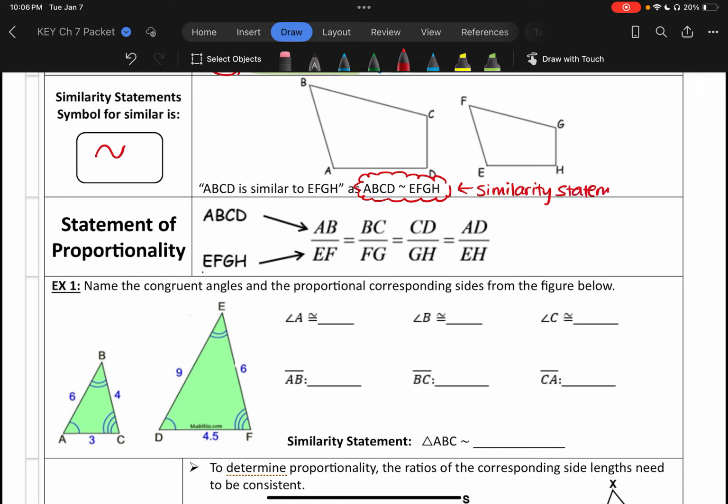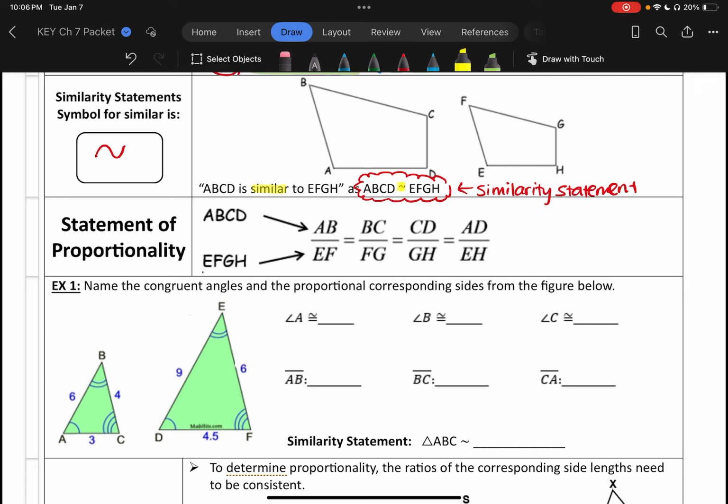As we read this, we can understand that ABCD, with this little symbol meaning similar, is read as ABCD is similar to EFGH. If ABCD and EFGH refer to the picture above, and these two polygons are similar, then what we just stated above has to be true: the corresponding angles have to be congruent and the corresponding sides have to be proportional.